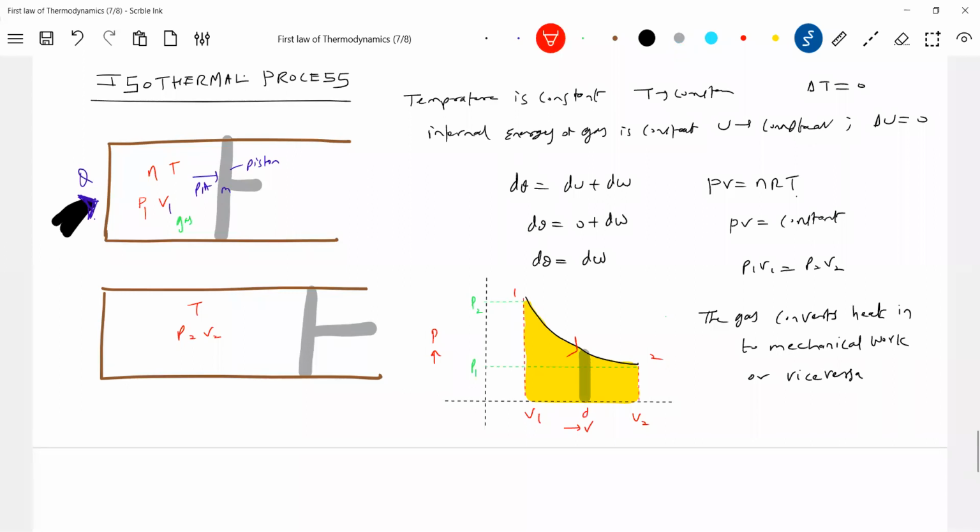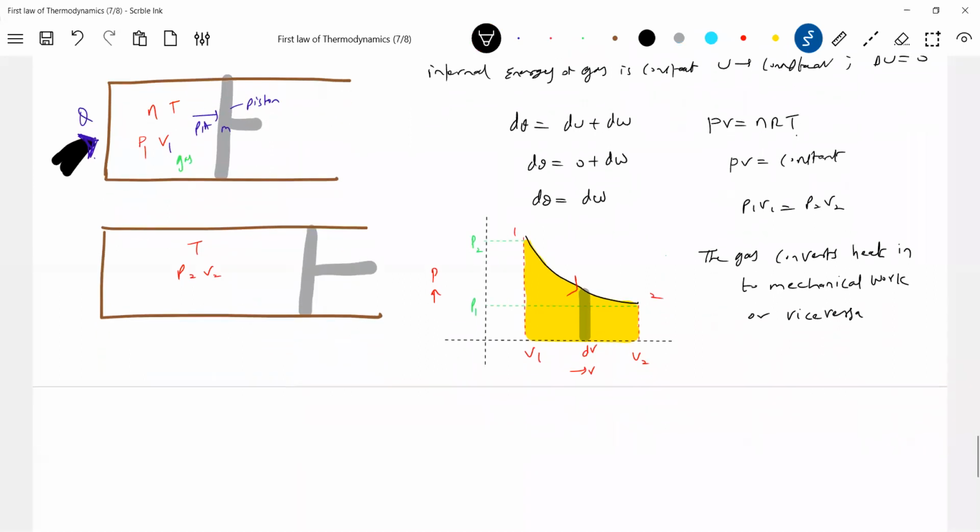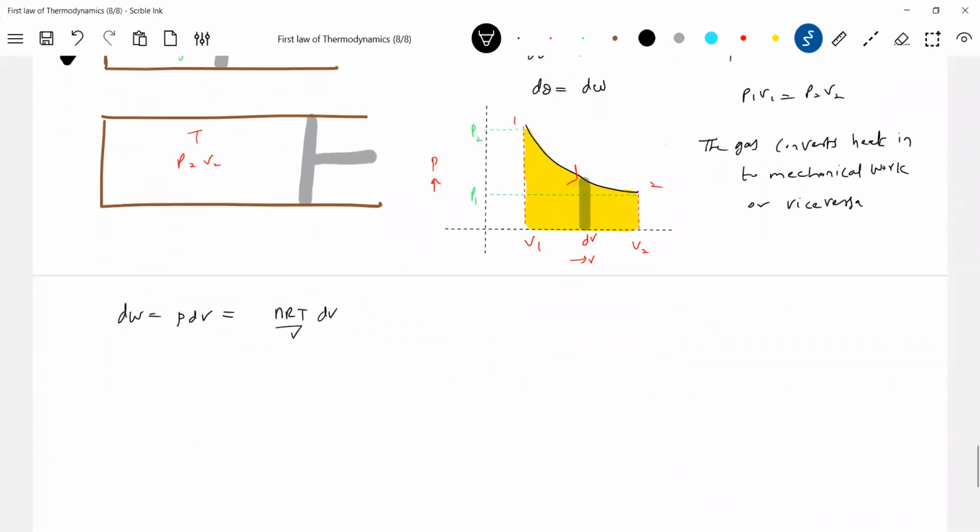Elemental strip, let me choose dV. dW is equal to, what shall we write? dW equals P dV, in any process, nRT by V. Further, temperature is constant, so nRT comes out, integrating from volume V1 to V2, or final volume to initial volume, any symbol.